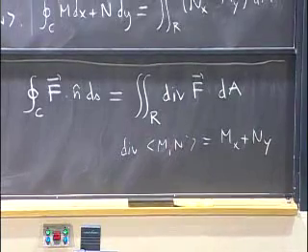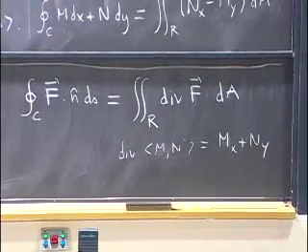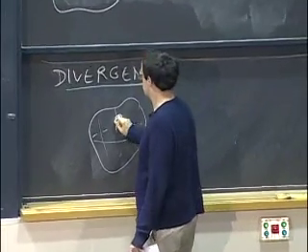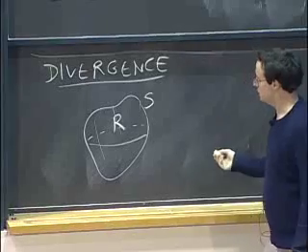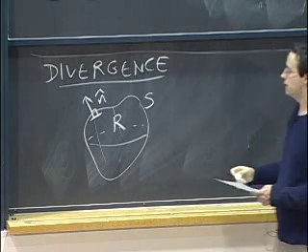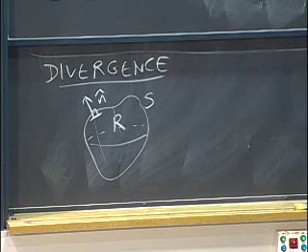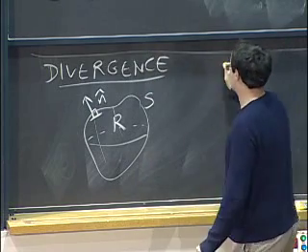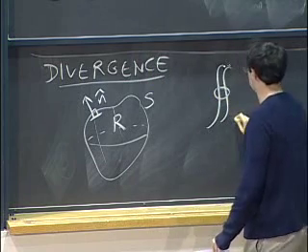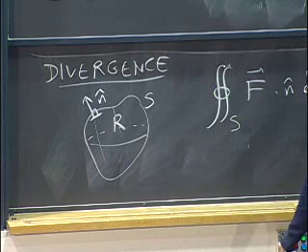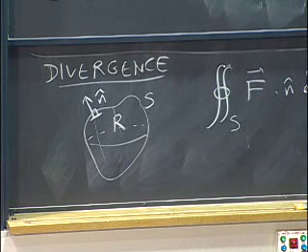The divergence theorem tells you something similar, but now for a region of space bounded by a closed surface. So if you have some region of space and you call its boundary surface S, and you let n be the normal vector that goes out of the region R, so you orient S outwards, then the flux out of the region through S is going to be the same as the triple integral over the region of div F dV.